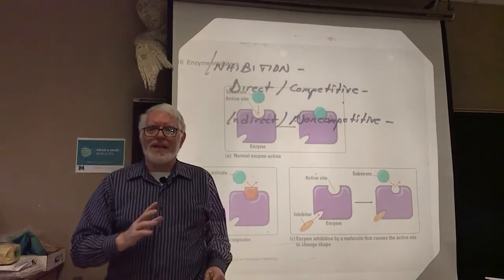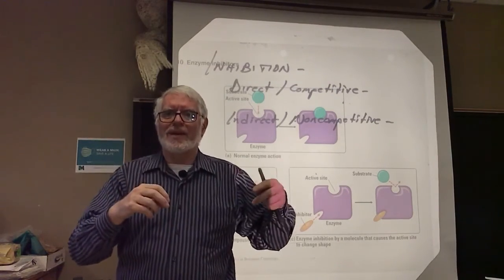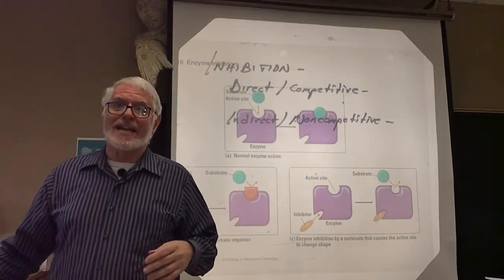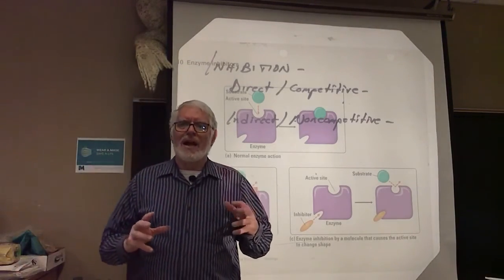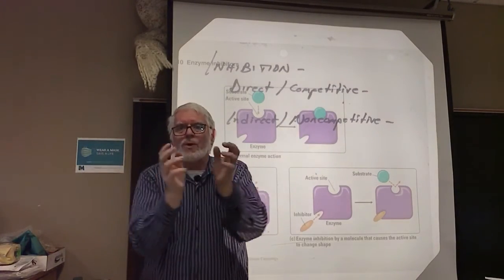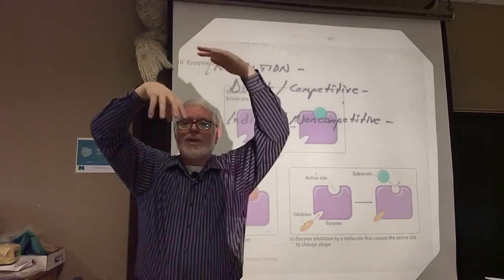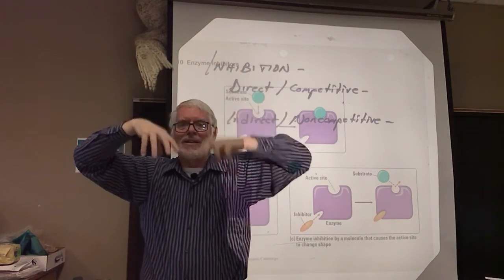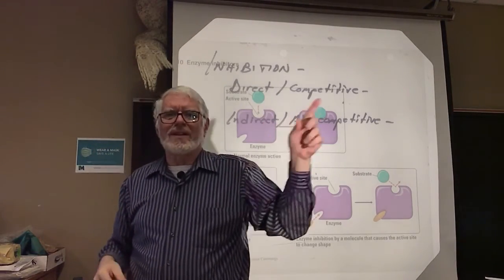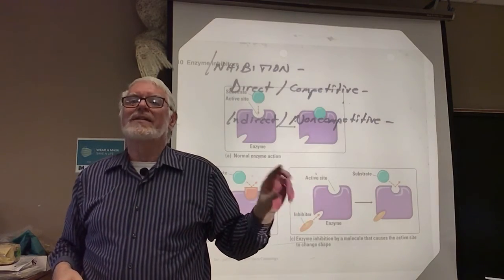That is one type of indirect inhibition, where somewhere near the active site the inhibitor attaches and keeps the substrate from getting into the active site. When you're grabbing a big molecule that needs to be stressed and broken, just a bumpy inhibitor sitting alongside means you can't get that big molecule down into the dent that you need. So that's an indirect.